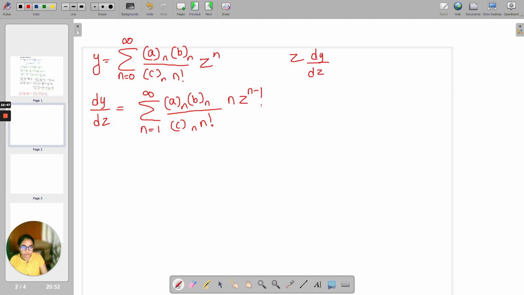So you're multiplying z over here. So you would get z power minus 1 into z. What would that be? So z cancels out. So z power minus 1 is nothing but what? 1 divided by z. Is it not? So what is z divided by z? That would be 1. So you would get an, bn, cn divided by cn into n factorial into n z to the power n.